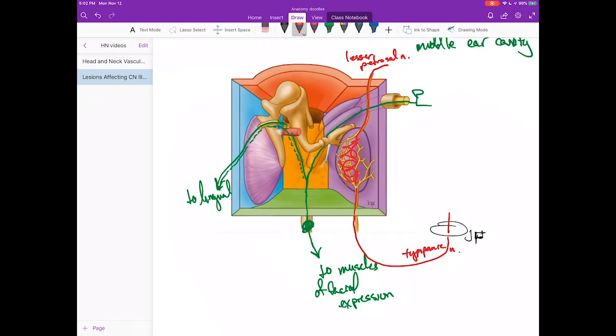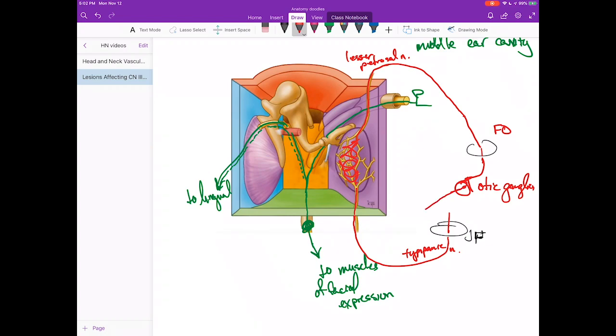That lesser petrosal nerve courses through the middle ear cavity and comes down into and through foramen ovale, whereupon, as I showed you previously, it went into the otic ganglion, synapsed there, and then continued on.